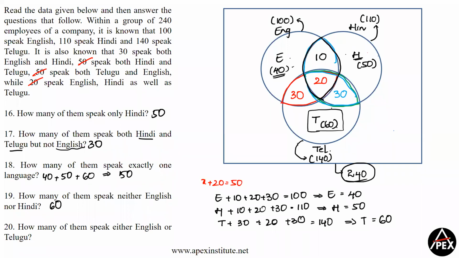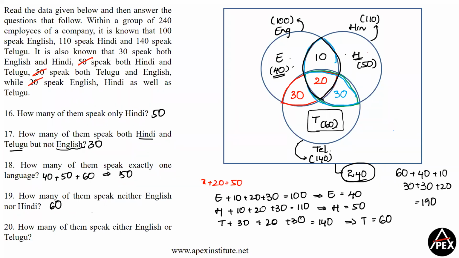Now, how many of them speak either English or Telugu? We will have persons speaking only Telugu, that is 60. Only English 40, English and Hindi 10. English and Telugu 30, Telugu and Hindi 30, three languages 20. So how many do we have? 190.